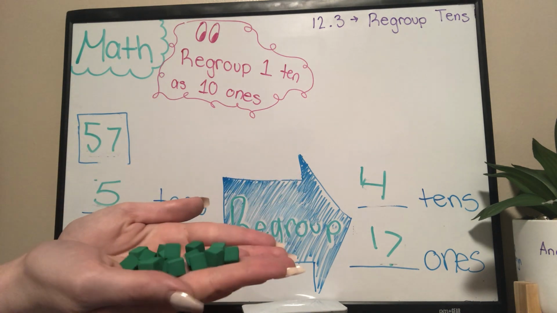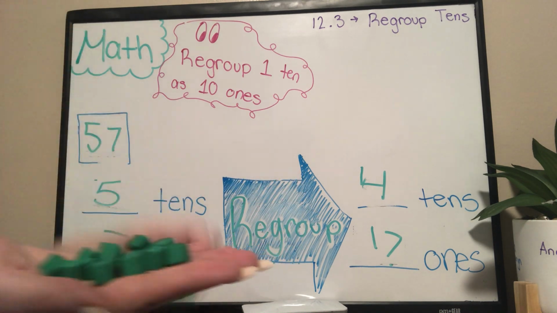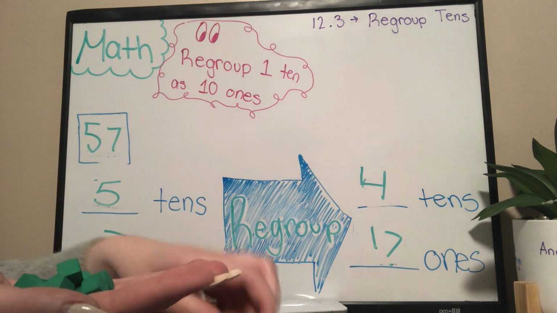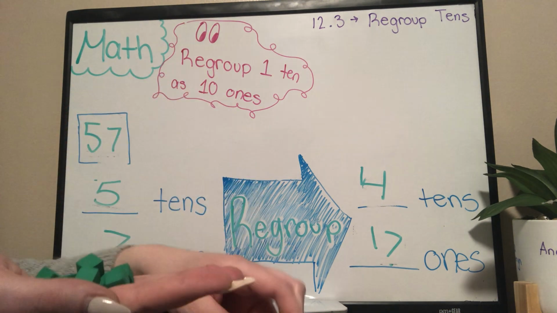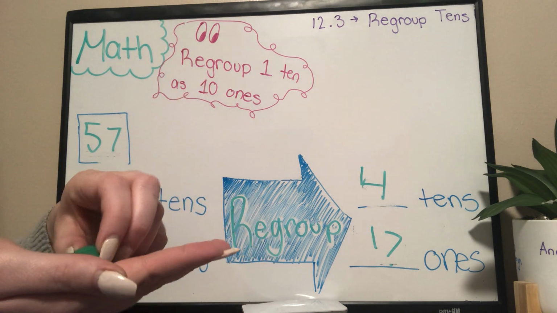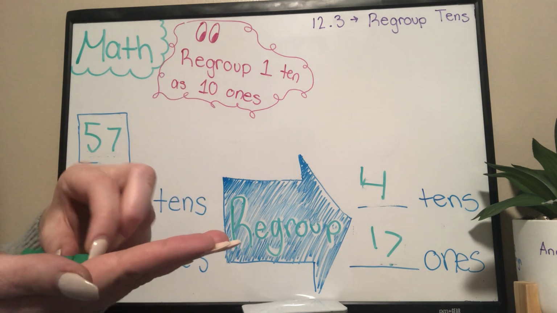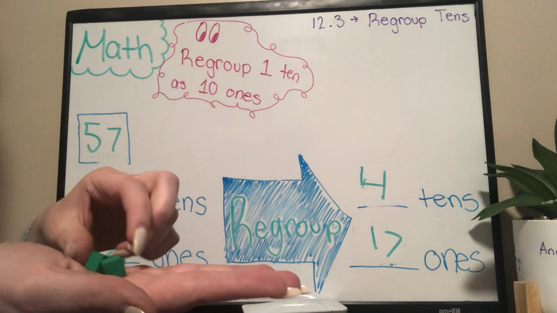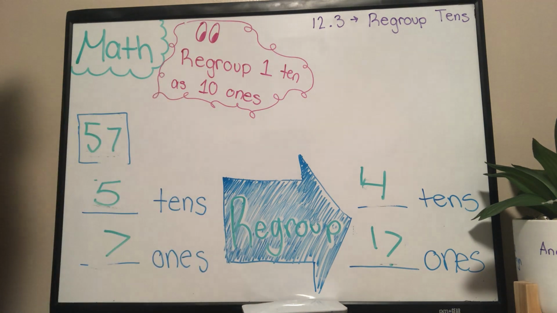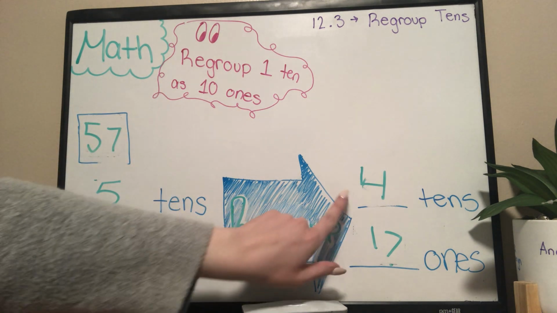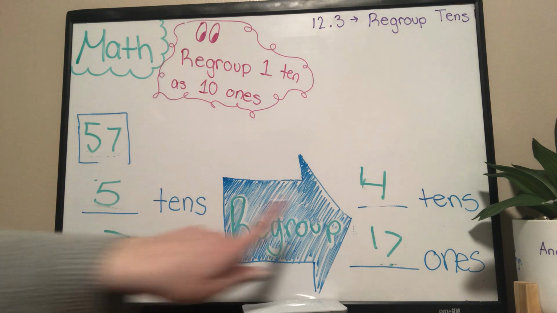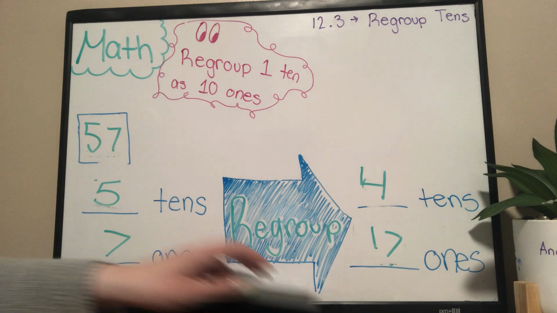So let's count really quickly and see if we're right. 1, 2, 3, 4, 5, 6, 7, 8, 9, 10, 11, 12, 13, 14, 15, 16, and 17. Amazing job. We have a right answer here. We regrouped 57 from 5 tens and 7 ones into 4 tens and 17 ones.